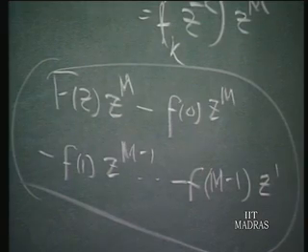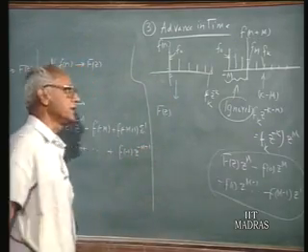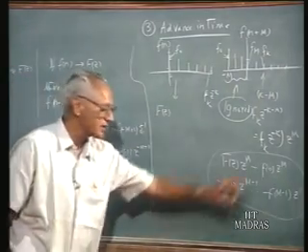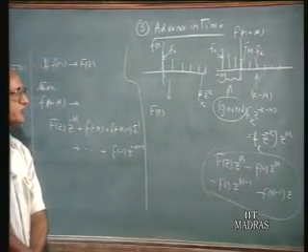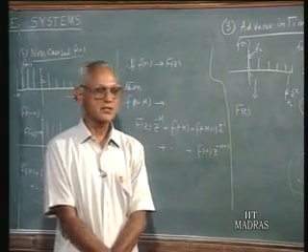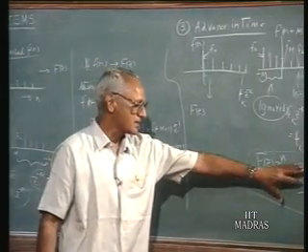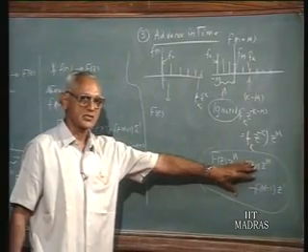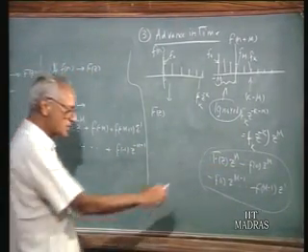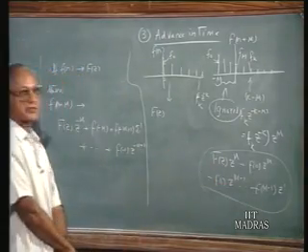Therefore all the samples which are occurring at negative values of the independent variable are being ignored, and therefore you must make a suitable correction for this. In a two-sided z transform, the samples extending from minus infinity to plus infinity are considered. Therefore this additional correction will not be there in a two-sided z transform, but we are discussing only a single-sided z transform. Therefore this correction is necessary whenever a signal is advanced.